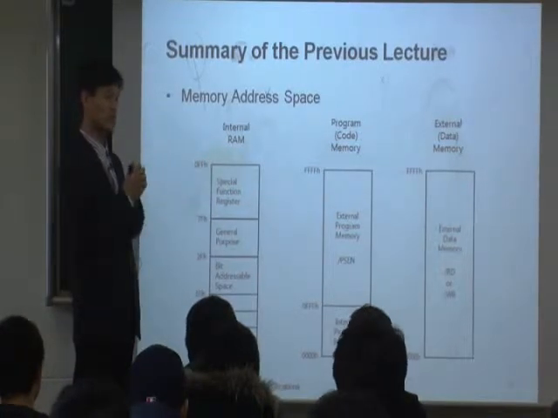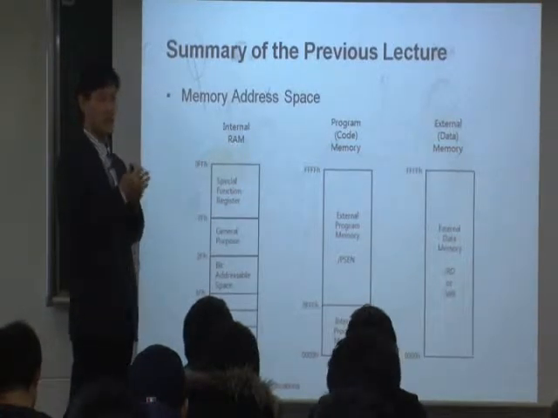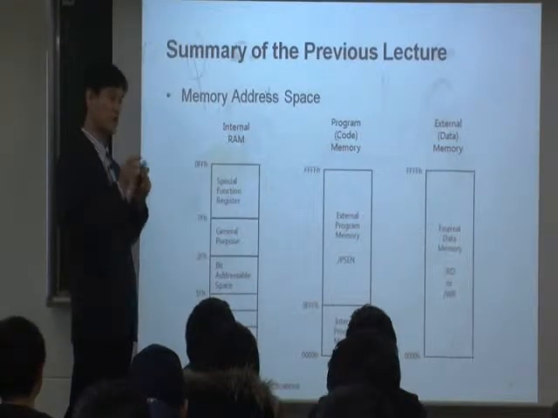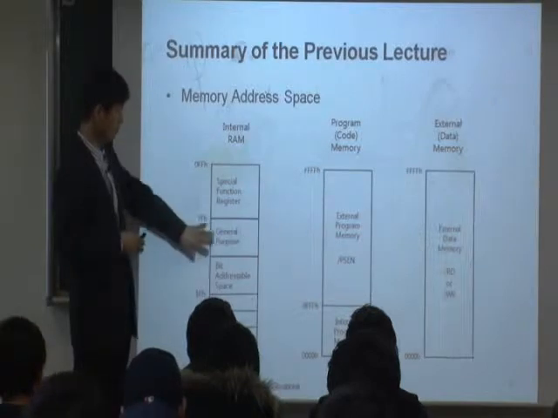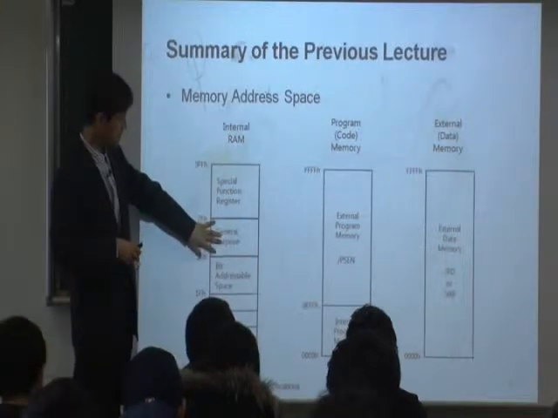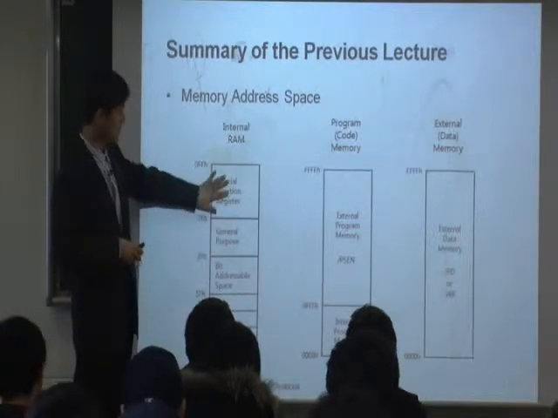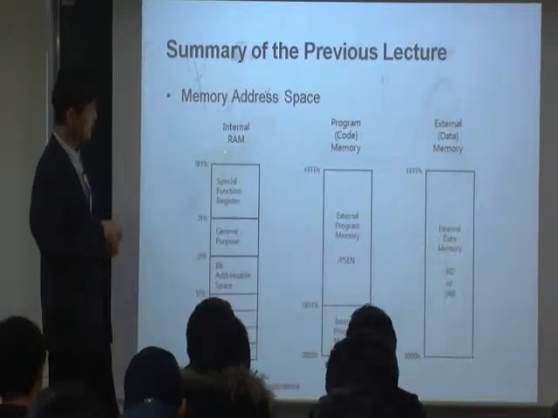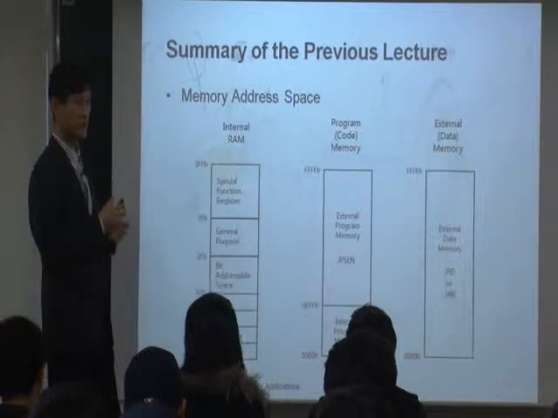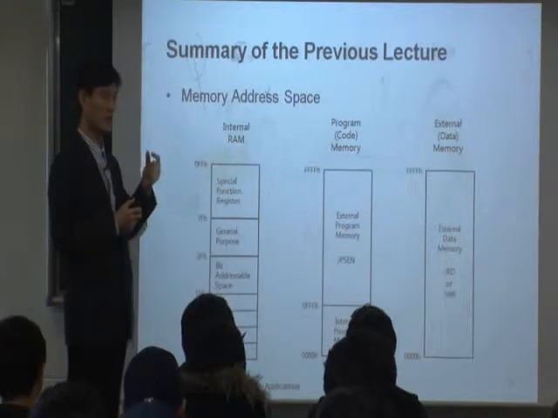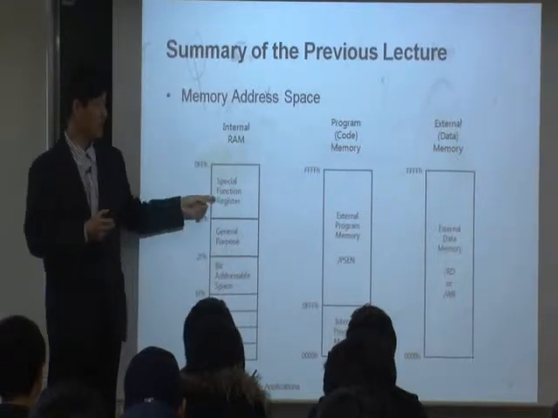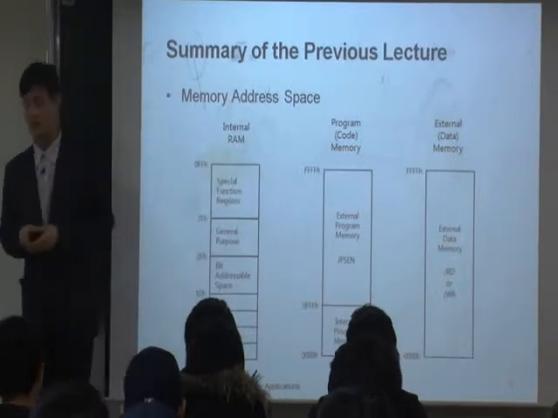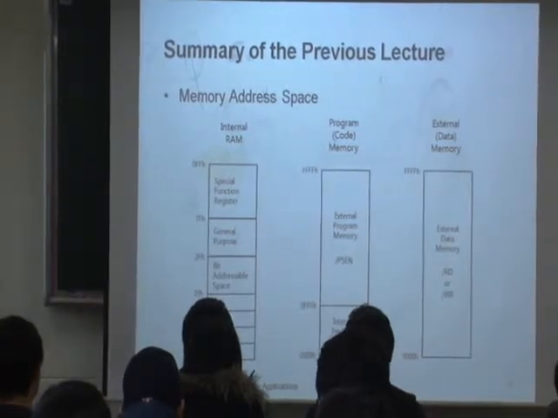If you want to calculate A plus B, then those temporary values you can use this memory if you like. But this memory typically is for special functions like accumulator and those things. Each register has its own dedicated address. Remember that there are some gray areas, unused areas. You should not touch those areas.